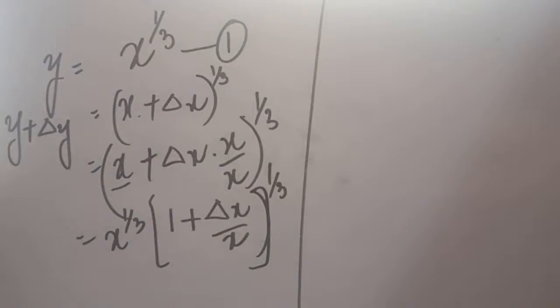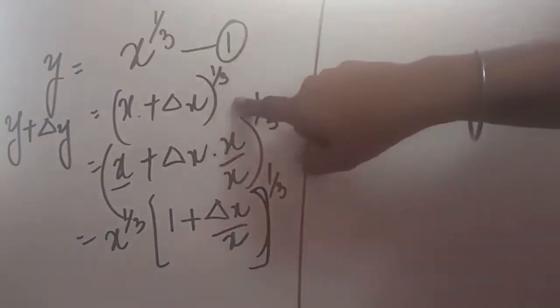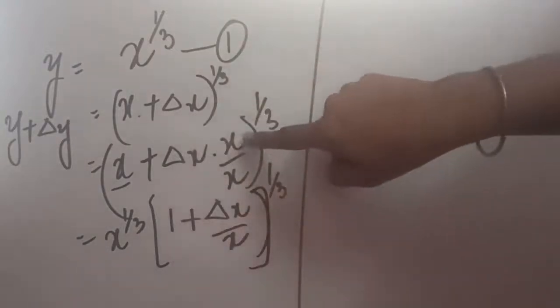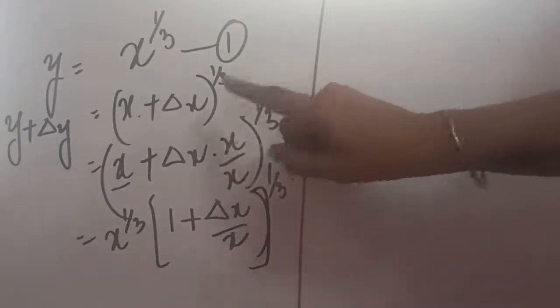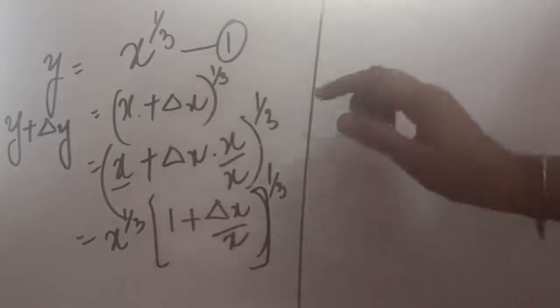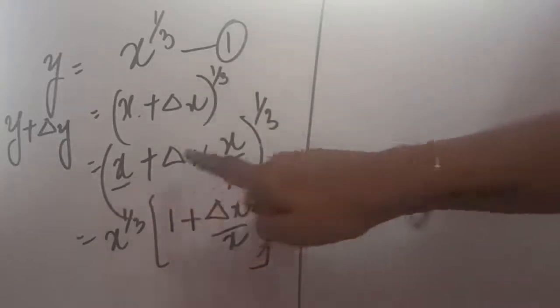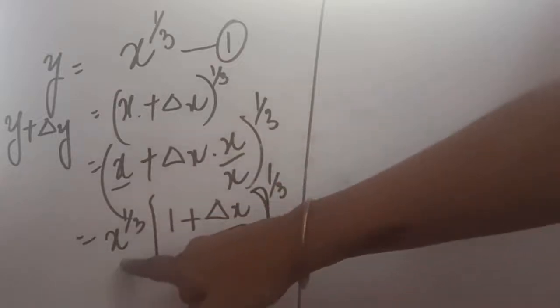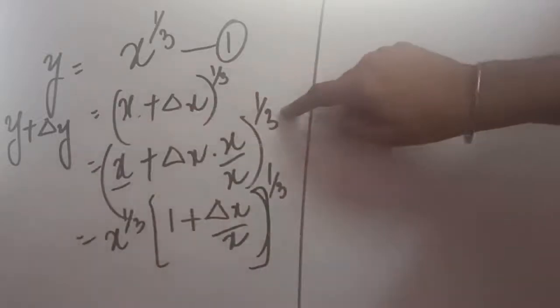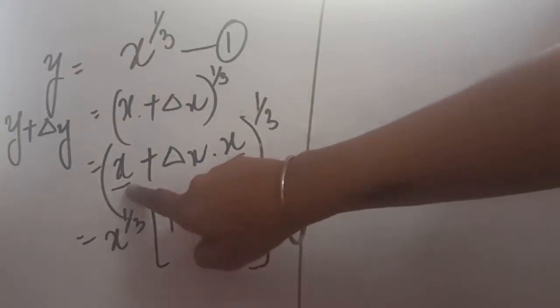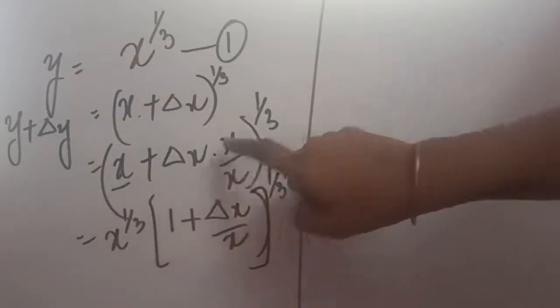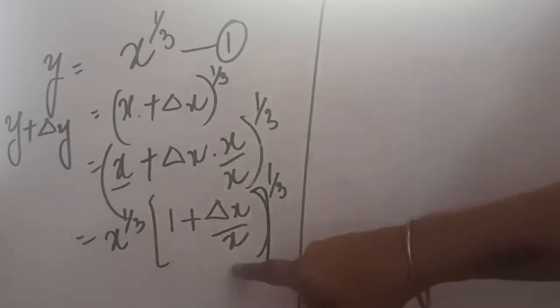So I again repeat the process. This is the same as whatever you have done till now. Here I have multiplied by x and divided by x, because when I cancel it, it will be 1, so it will be this only. But by doing this, I can take at least one thing outside as common. X has come out on both sides, so x power 1 upon 3, because its whole power was 1 upon 3, has come out, and 1 plus delta x by x is left inside.